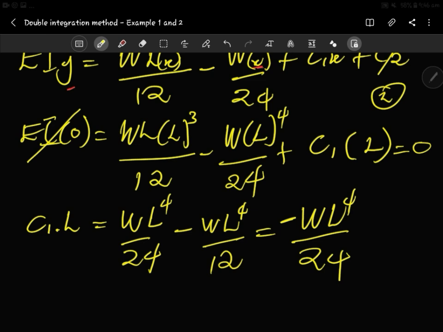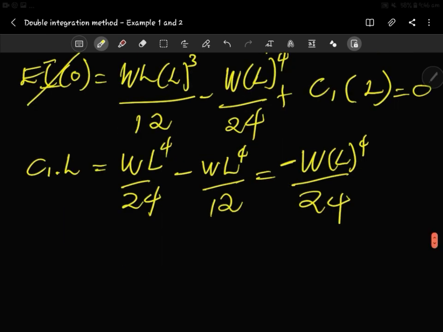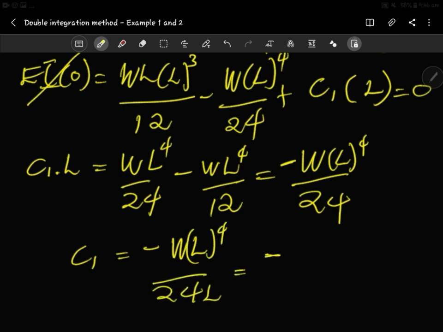Now, look at this. Now that we have this, we're trying to find our C1. So our C1 will be minus WL to the power 4 all over 4L, which we end up with minus WL to the power 3 on 24. Right? So now we have our C1.